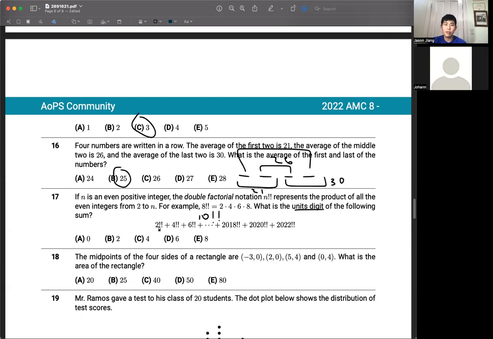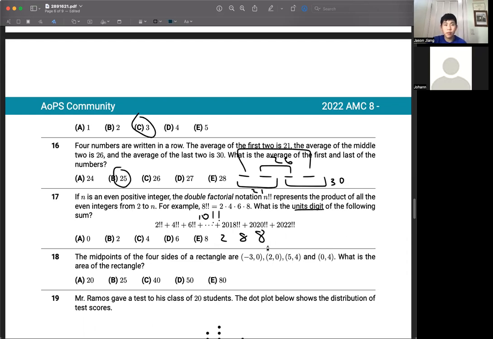So all we care about is the first 4 terms, 2, 4, 6, and 8 double factorial. Now we can just calculate the units digit and add them up. 2 double factorial ends in 2, since it's just 2. 4 double factorial is 2 times 4, which is 8. 6 double factorial is 2 times 4 times 6, which is 48, and that would end in 8 as well.